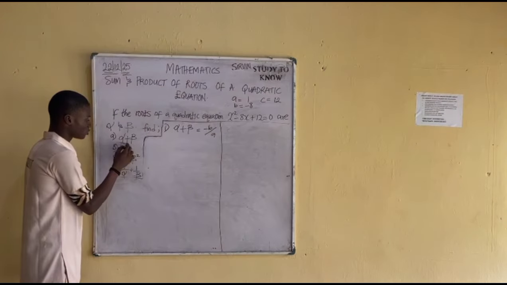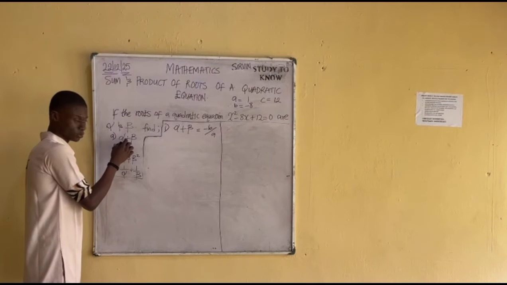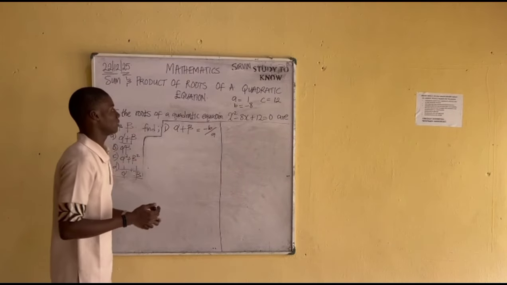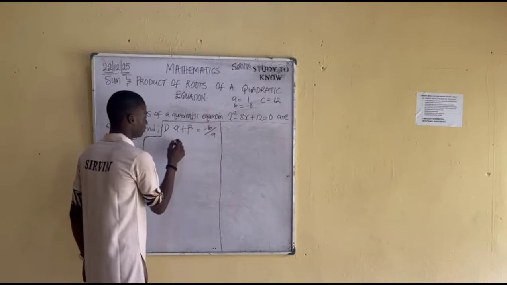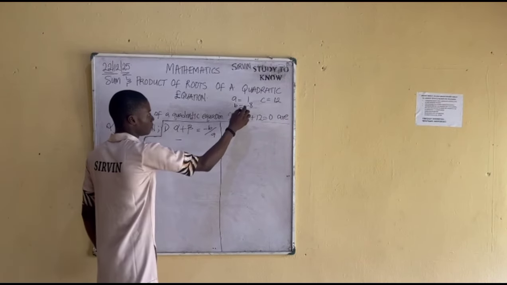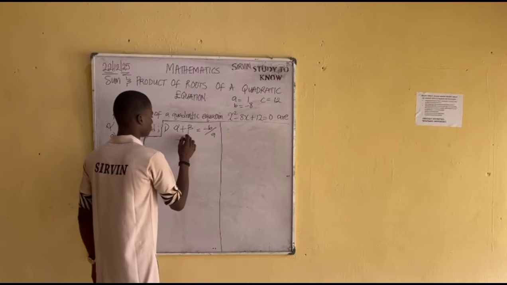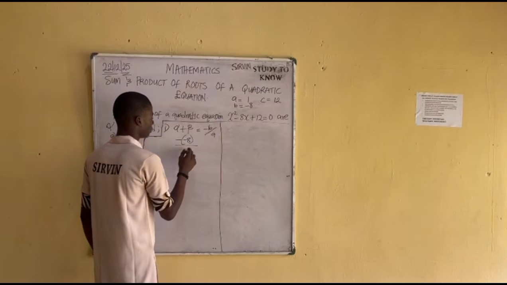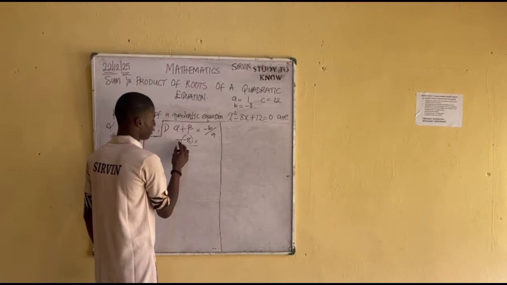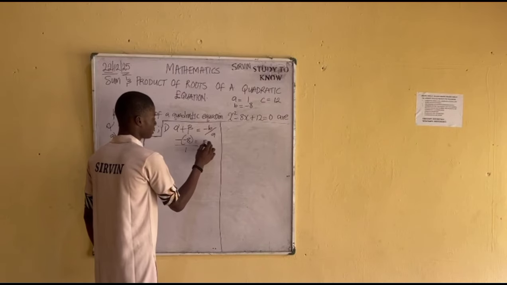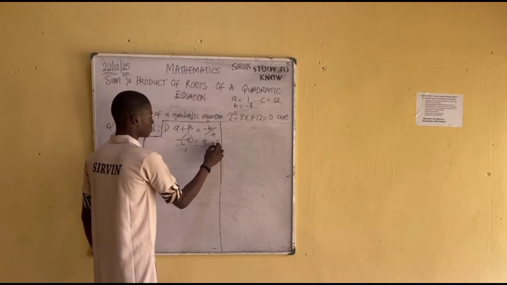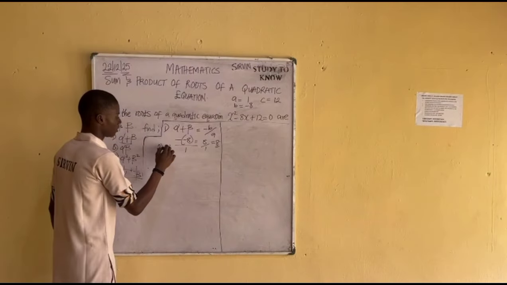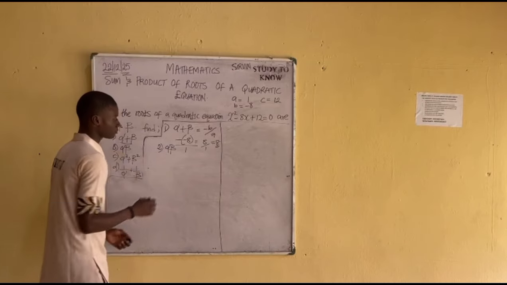This simply shows the sum of roots, since you are adding two roots, and the formula for sum of roots is minus b over a. Now, this is minus, which is still minus. B is minus 8, so bracket minus 8 over a, which is 1. Minus times minus is plus, so I'm having 8 over 1, which is equal to 8.